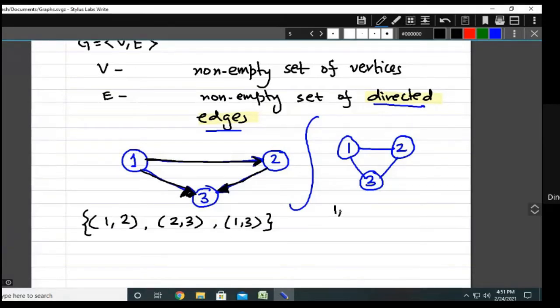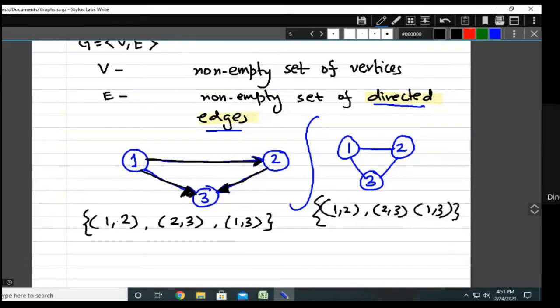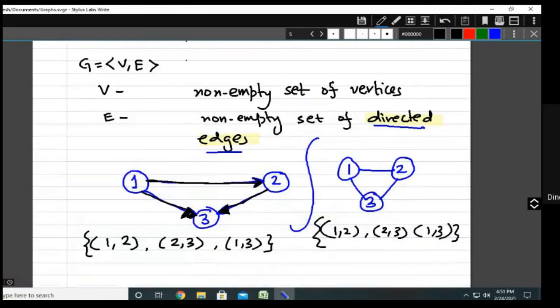And here, 1 comma 2 or 2 comma 3 is not the same as 3 comma 2, and 1 comma 3 is not the same as 3 comma 1. In a plain pair it would be just the pair, but here it has a significance: it has a direction. Okay, so when you have a directed graph, you will specify that G is a directed graph.